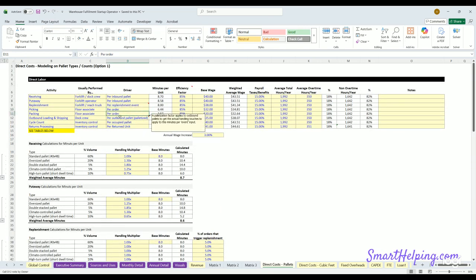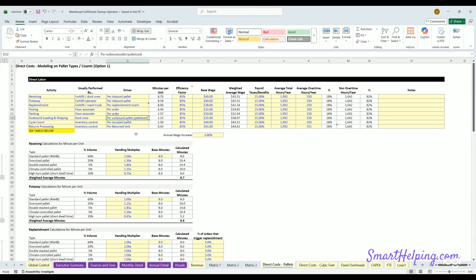Packing, same thing, per order. Amount of minutes to pack per order. Outbound loading per outbound palletized unit. So this is a little bit more tricky. A palletization factor applies to outbound pallets to get the actual handling touches to apply to this minutes per event input.